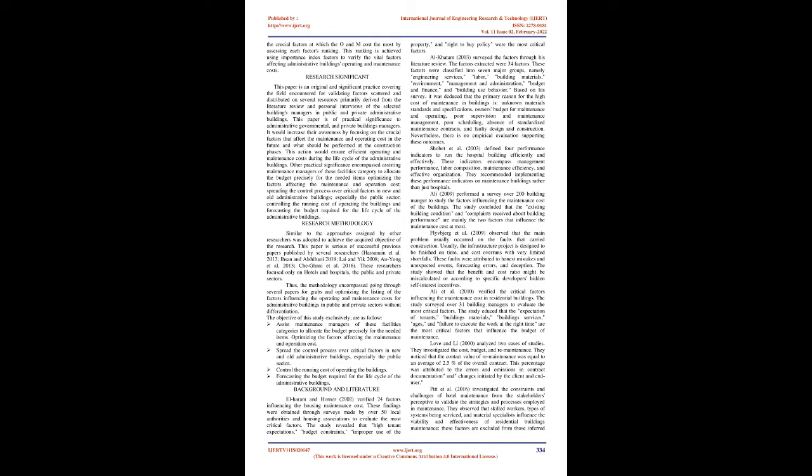Therefore, the main objective of this paper is to identify the factors that influence maintenance and operating cost. While doing this, a small survey was conducted to determine the crucial factors at which the O&M cost is most affected by assessing each factor's ranking. This ranking is achieved using importance index factors to verify the vital factors affecting administrative buildings' operating and maintenance costs. Research significance.